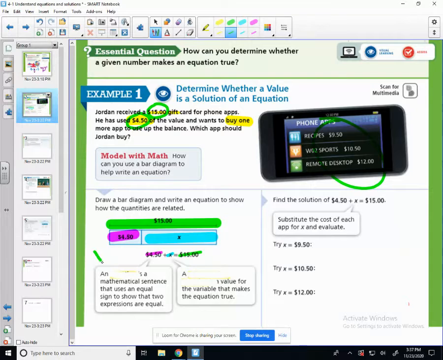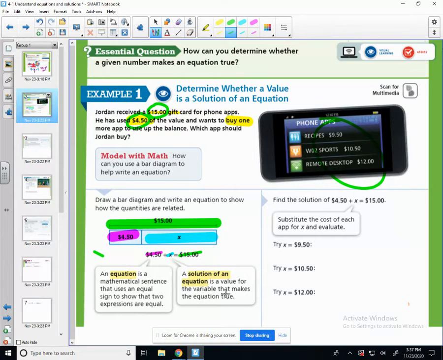So let's look over here. An equation is a mathematical sentence that uses an equal sign to show that two expressions are equal. A solution value is a value for the variable that makes the equation true.